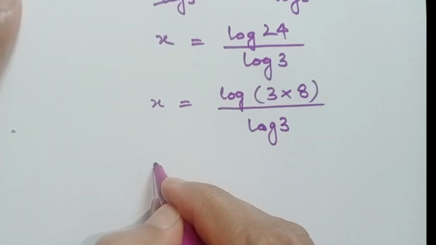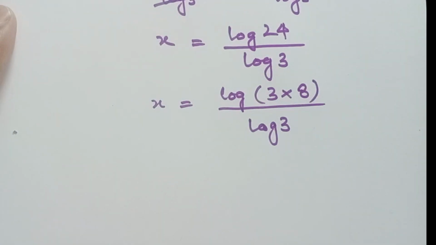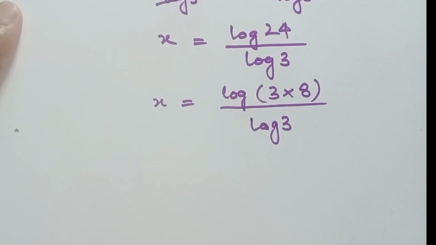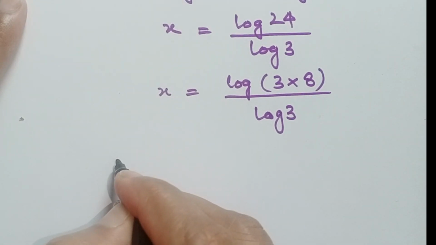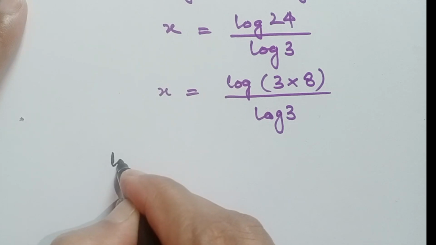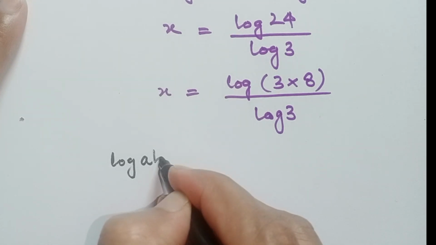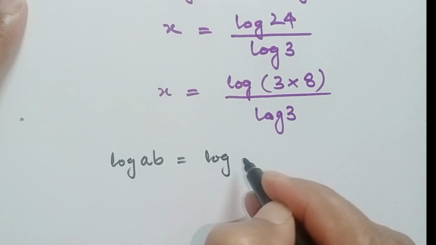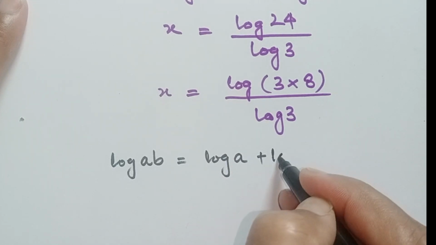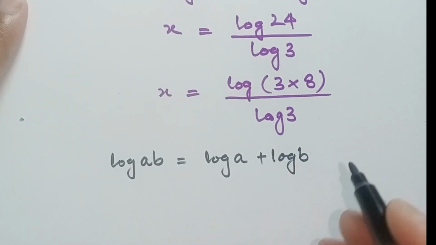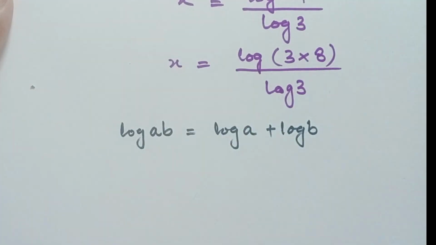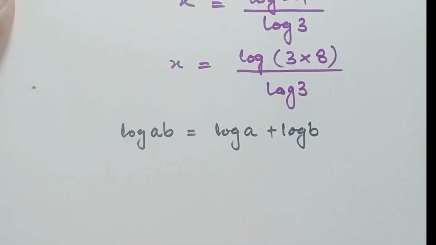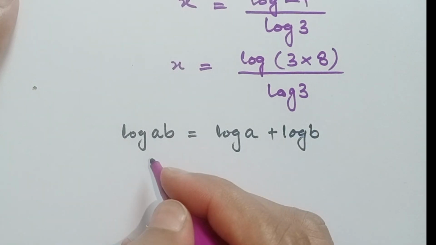So in the next step, we will use the property of log, which is a very well-known property: if we are given the product log of a times b, then we can write it as log a plus log b. The product will convert into addition.